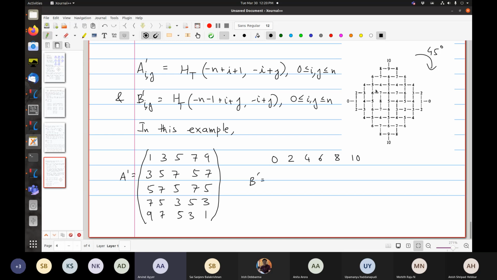Then 2, 4, 6, 4, 6, 8. 4, 6, 8, 6, 4, 6. 6, 4, 6, 4, 6, 4. 8, 6, 4, 2, 4, 2. And 10, 8, 6, 4, 2.